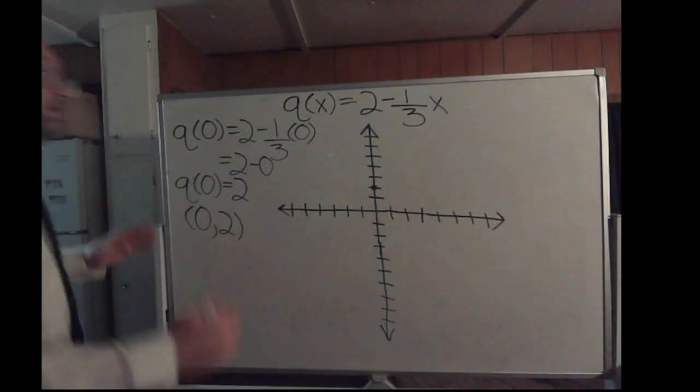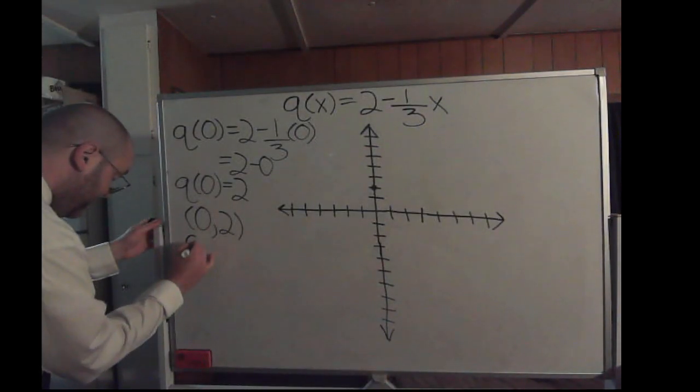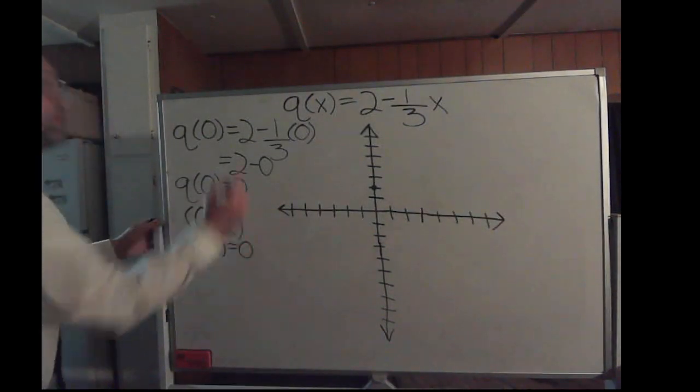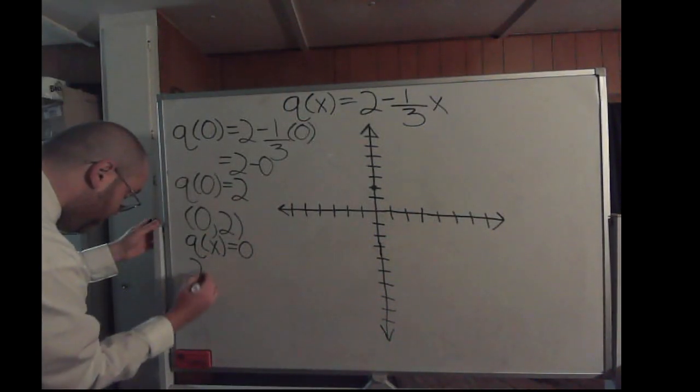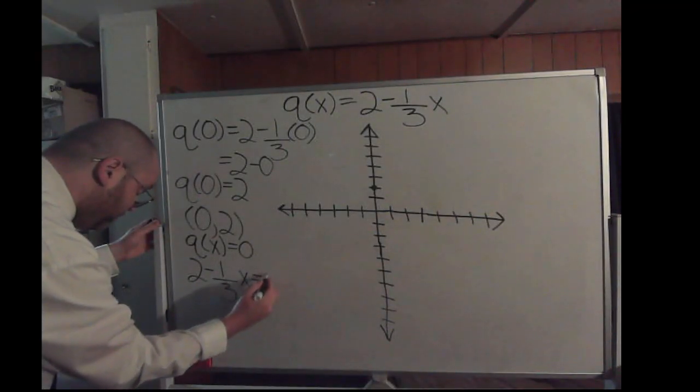Now we need to find the x-intercept. And in order to do that, you're going to take q of x, set that equal to 0, and q of x in this case is 2 minus 1/3 x equal to 0.